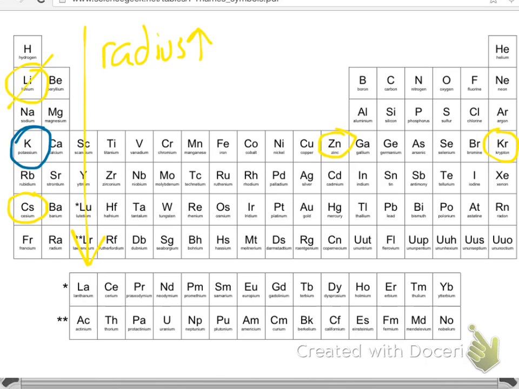So we would expect that lithium would have a smaller radius, but we would expect that cesium would have a larger radius. And since we also know that radius decreases as we go across, these would both have smaller radii than potassium. So 2 and 3 were both choice A, chlorine and cesium.